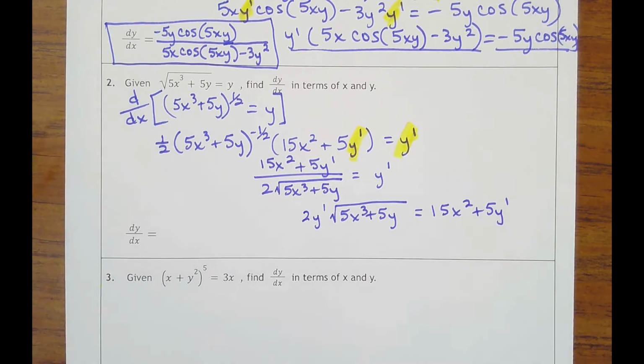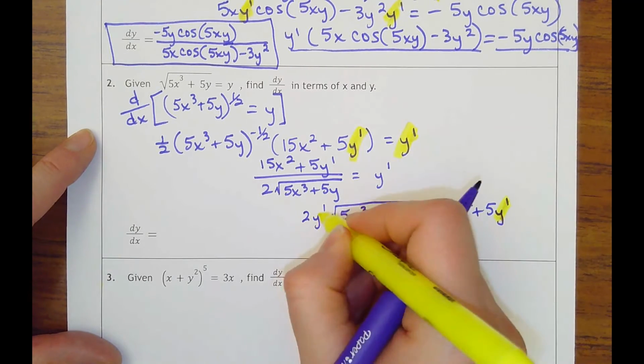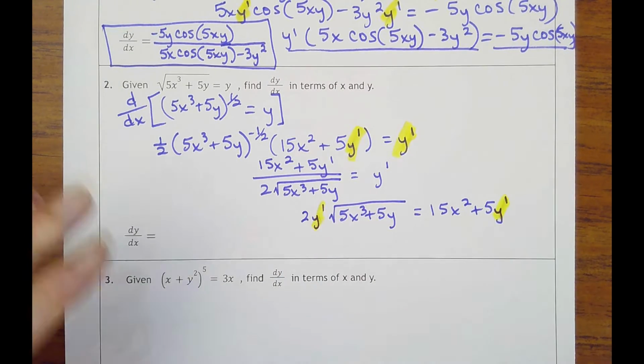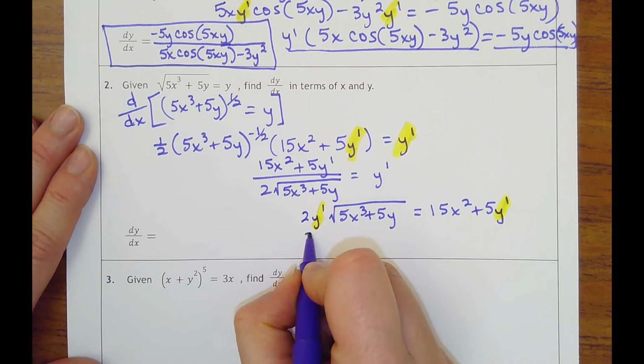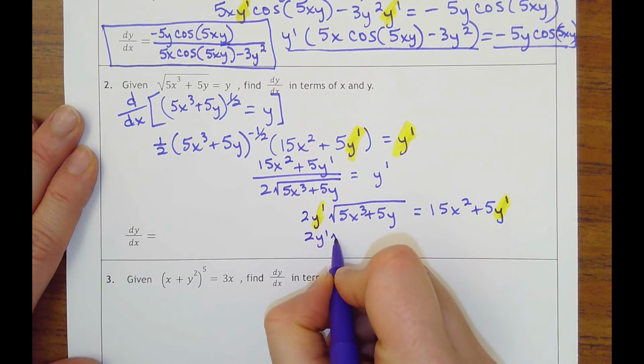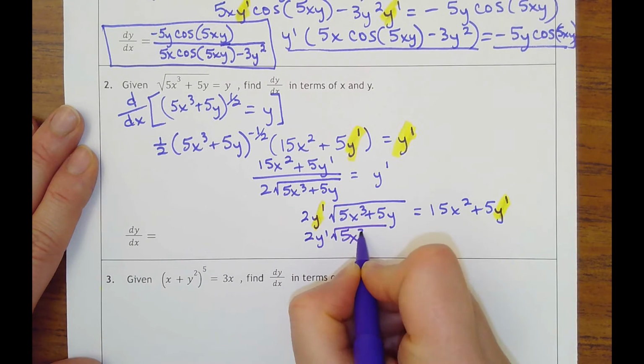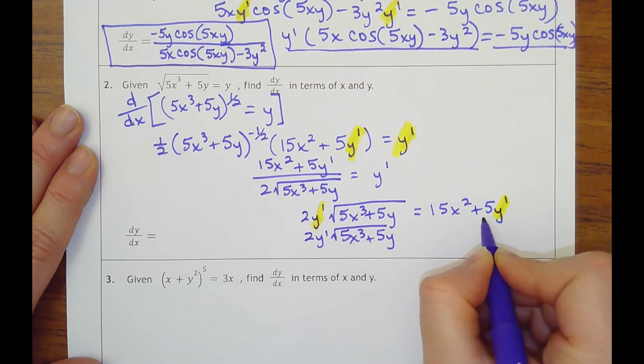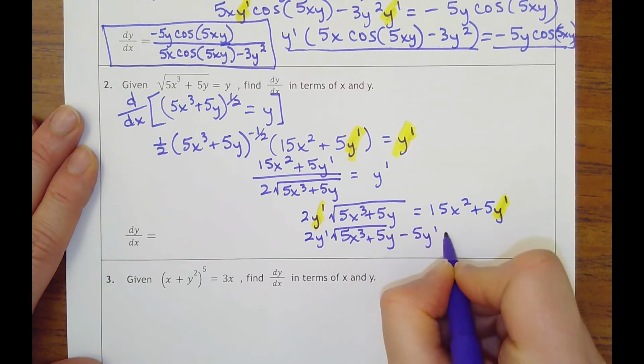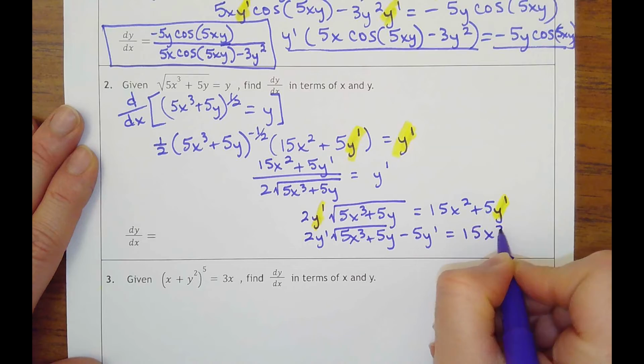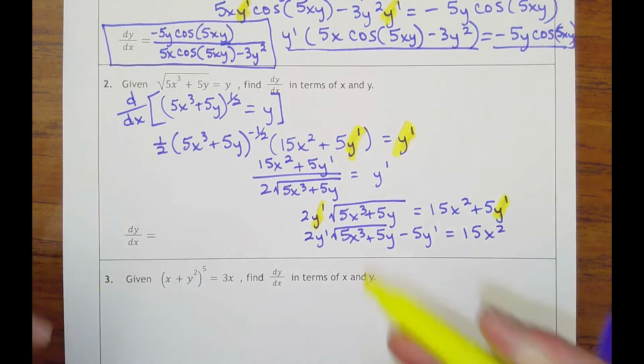Okay, I want to move this term. Need more room on this paper, didn't I? 2y prime square root 5x cubed plus 5y minus 5y prime equals 15x squared. I'm going to factor out the y prime.